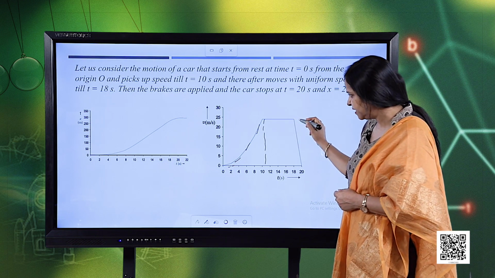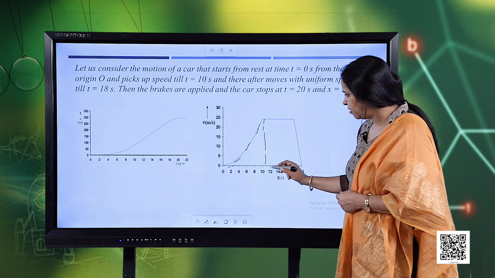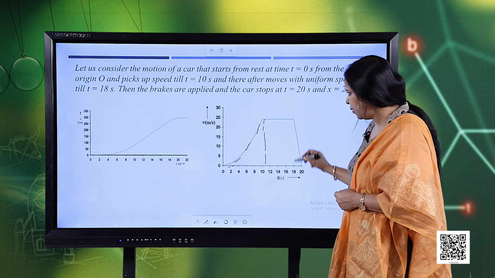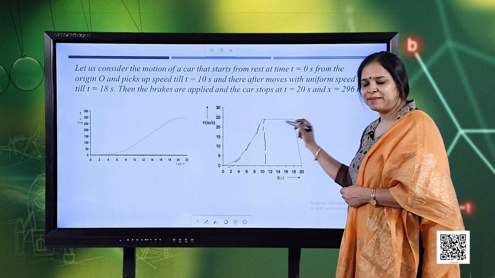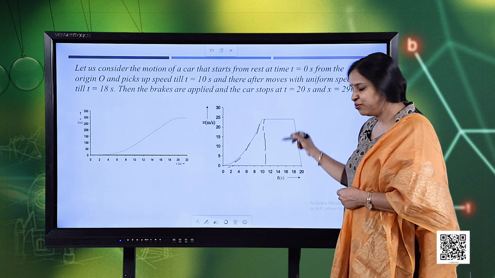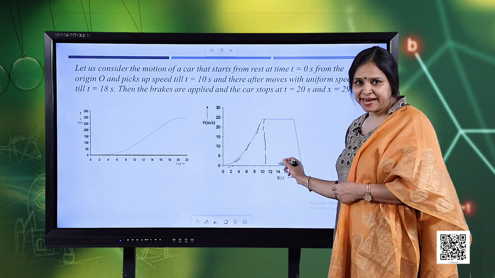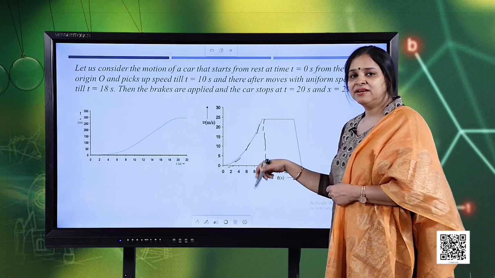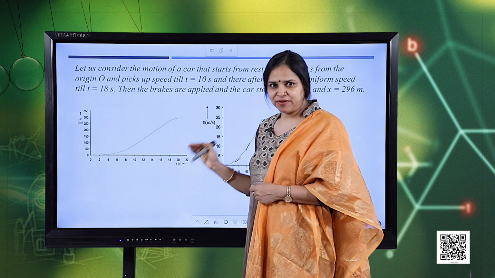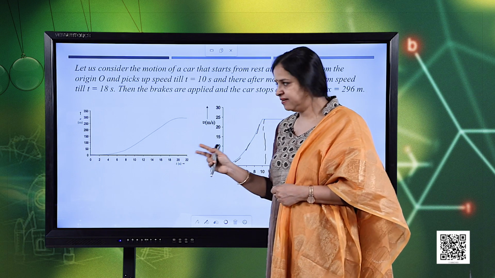If we look at this v-t graph, we see that the velocity between 10 seconds and 18 seconds is a straight line parallel to the time axis, which shows that velocity is uniform in this time interval. Another way is to find the average velocity between these two instants.